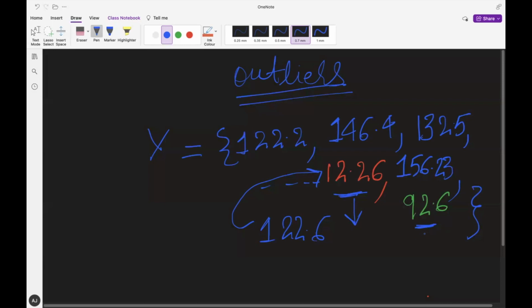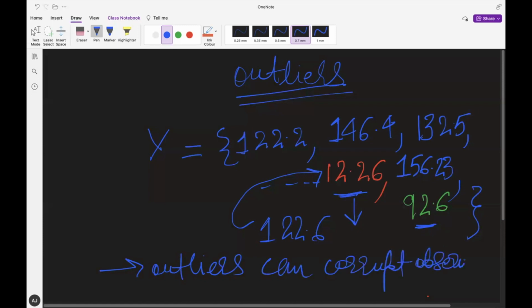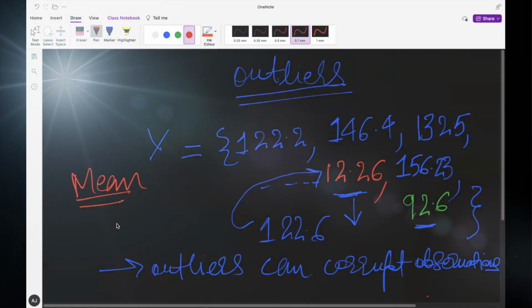But outliers can corrupt your observations. What can outliers do? Outliers can corrupt observations. Fine. For example, the mean can easily be corrupted because of a single or a small set of outliers, right?